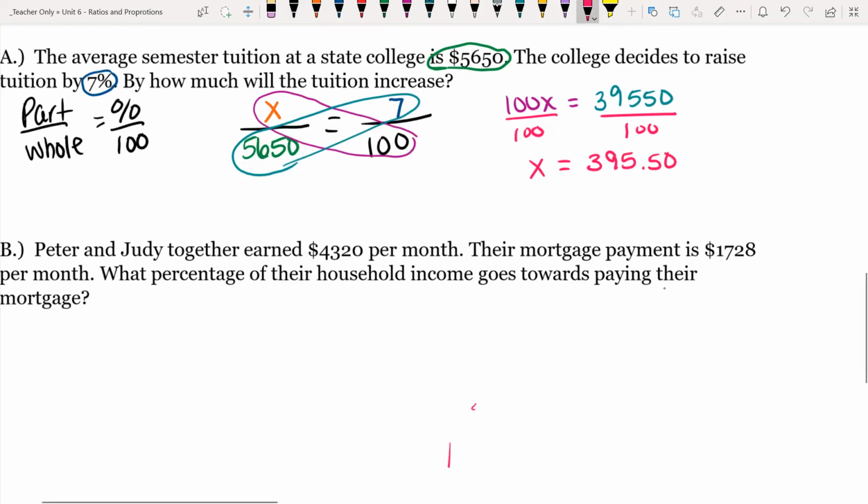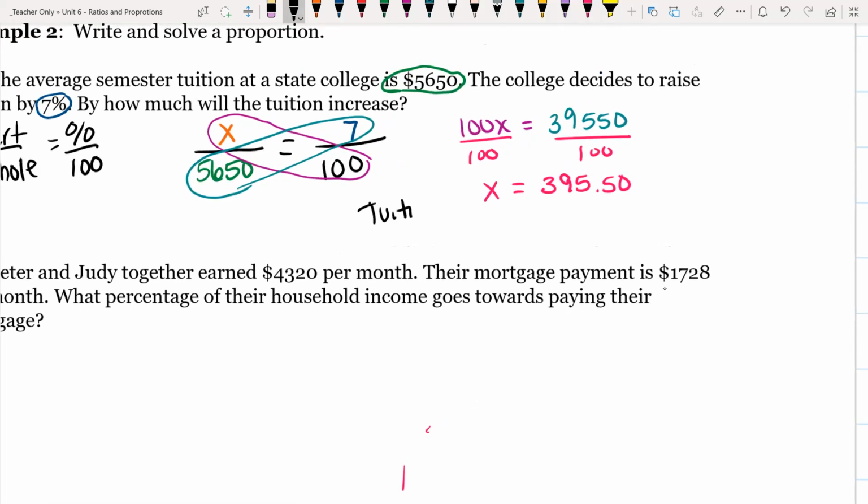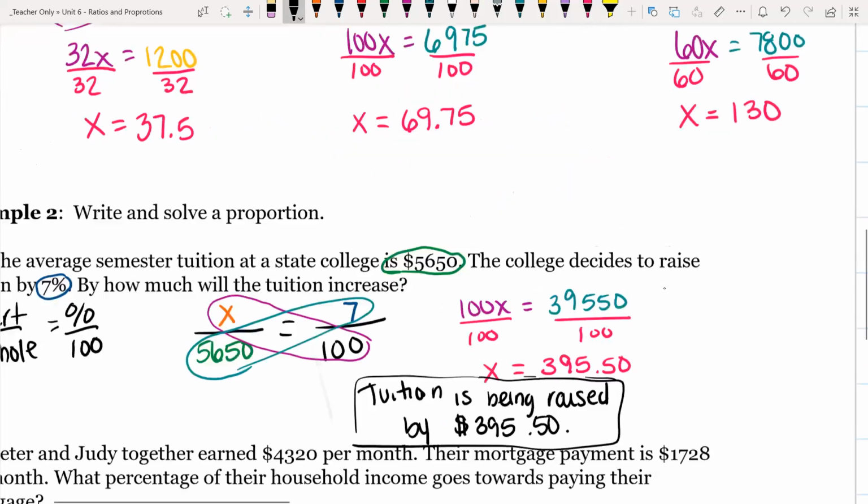So we need a sentence here. So we could say tuition is being raised by $395.50.